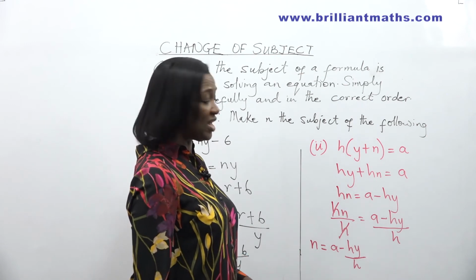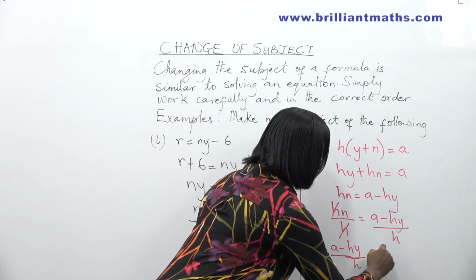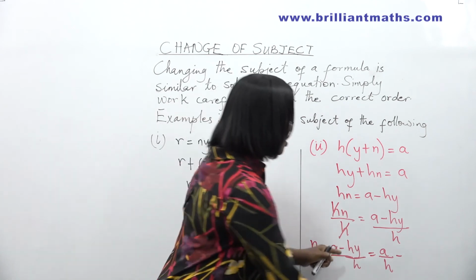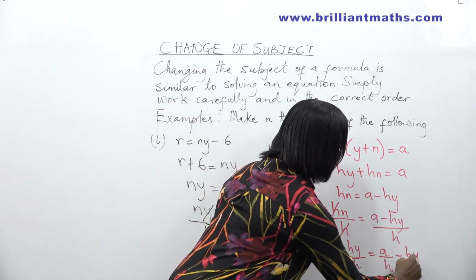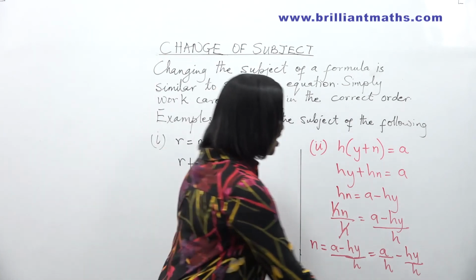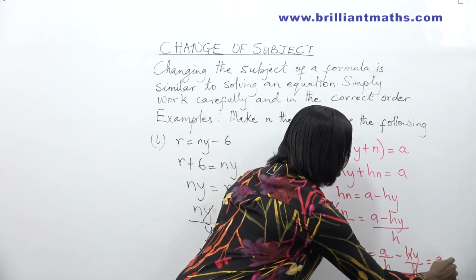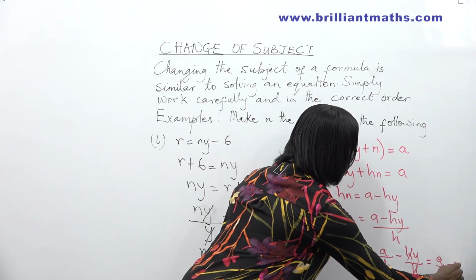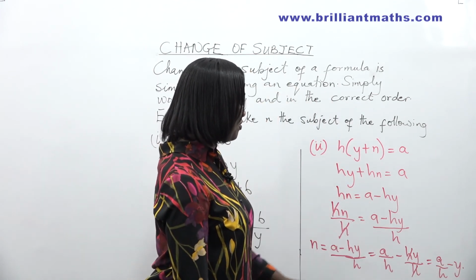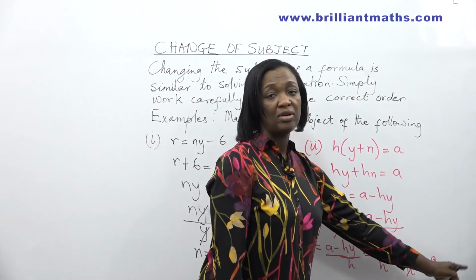This can also be written as a over h minus hy over h, which you can actually leave as a over h minus y. So the answer can be written as a minus hy all over h, or a over h minus y.